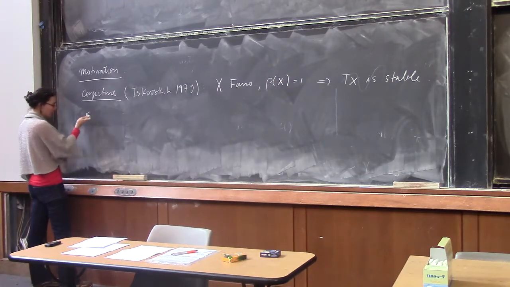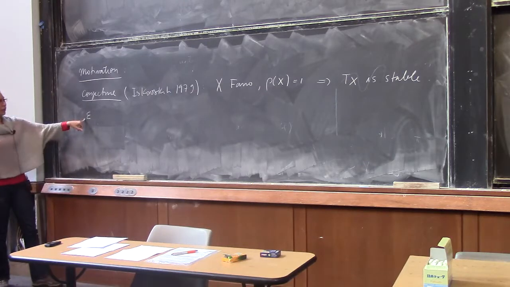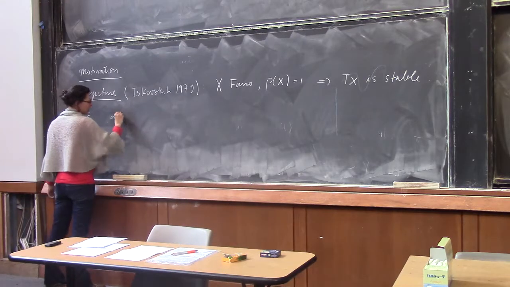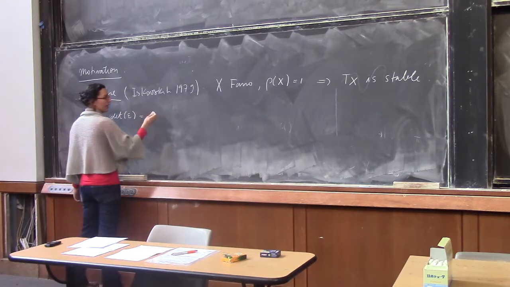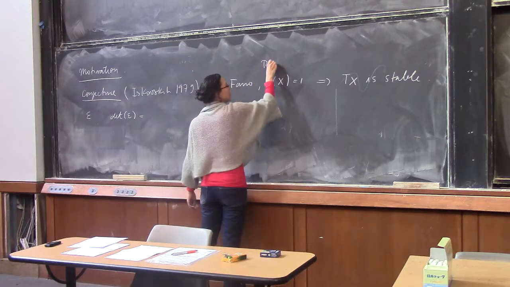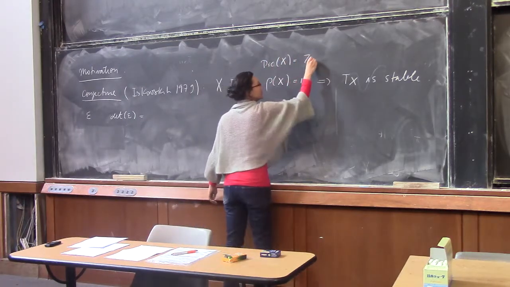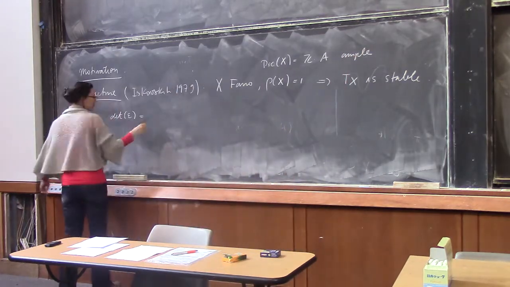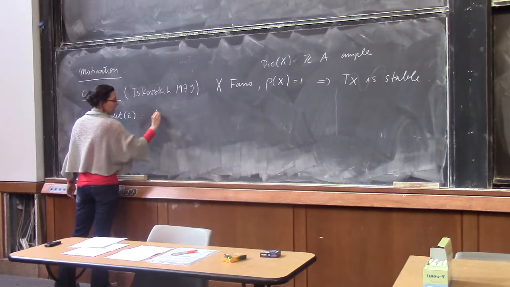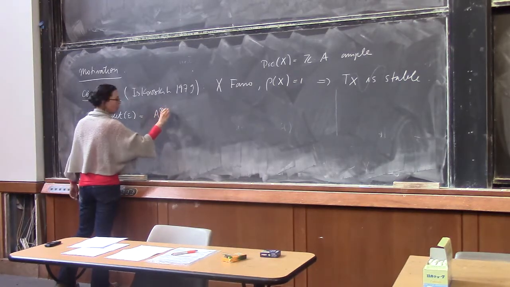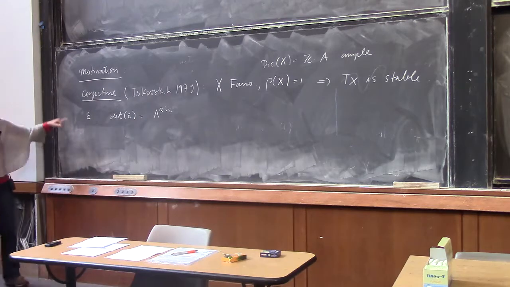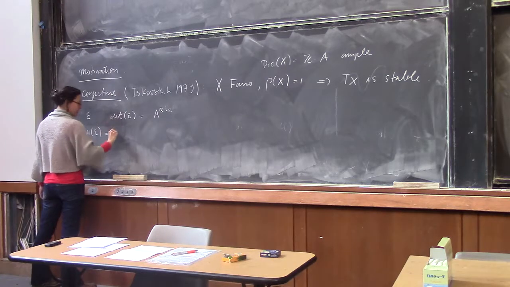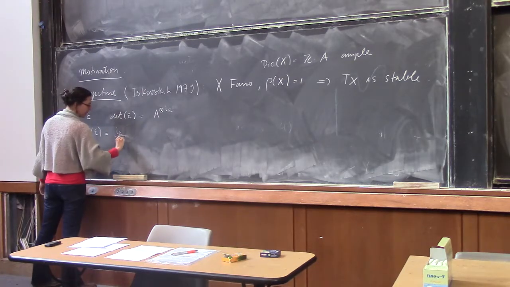If I have a torsion-free sheaf E on X, its determinant is going to be a line bundle, generated by the ample generator A. So the determinant is going to be A to some power, which I will call the index of the sheaf E. And the slope is just the index divided by the rank.